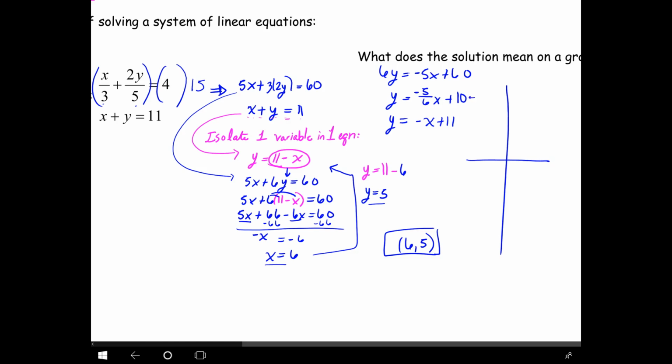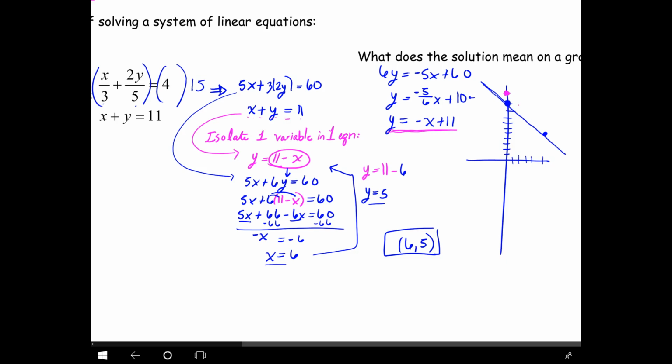That means if I graph these two on the xy coordinate plane, thinking about graphing this one here, it would have a y-intercept of 10, and a slope of negative 5 over 6. So I'd go down 5, right 6, and that would look like this line here. And if I graphed this second equation, I'll do it in that color. It would have a y-intercept of 11, and then the slope is negative 1.